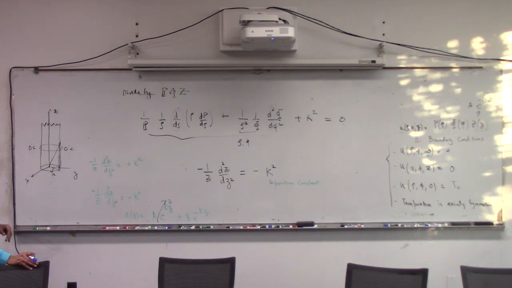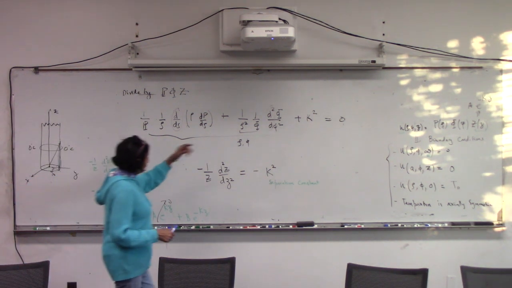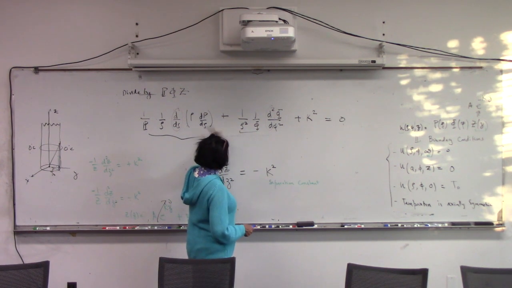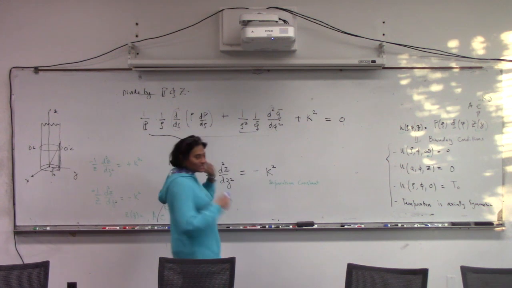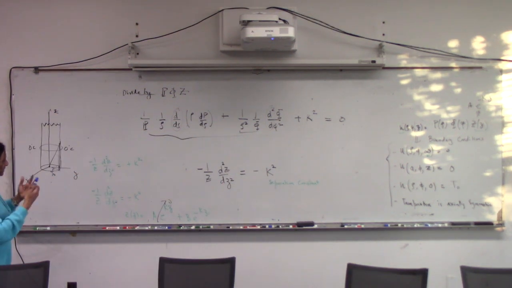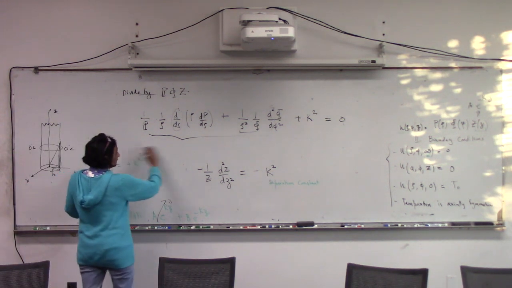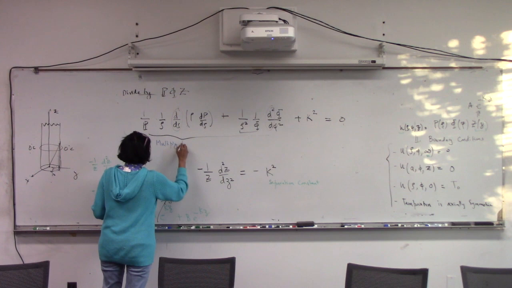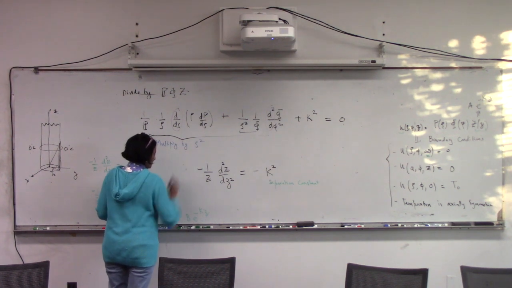Now you separate rho. I can easily make this a function of phi only by multiplying by rho squared everywhere. You have to remember the separation of variables method, everywhere we're separating. So multiply by rho squared.